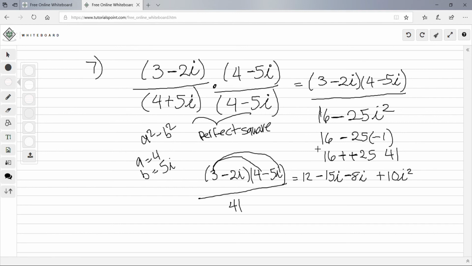Okay, let's simplify. What is negative 15i minus 8i? You could think of the i as x, so negative 15x minus 8x. That would be negative 23i.